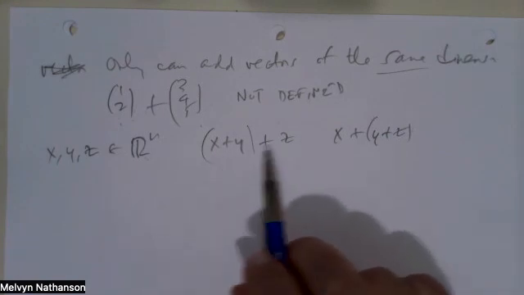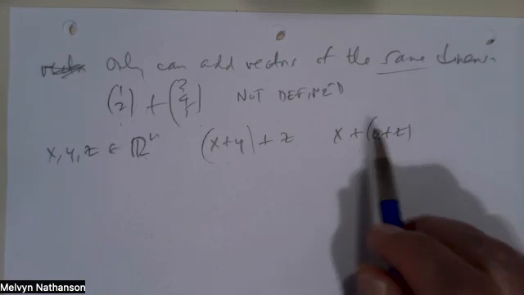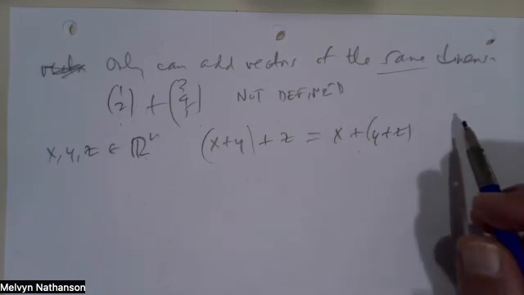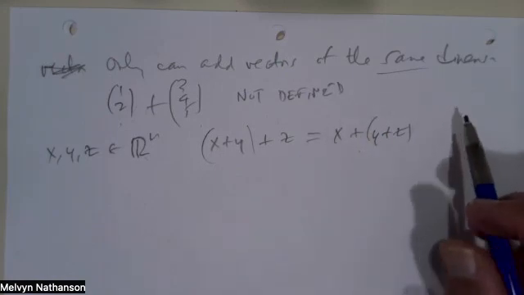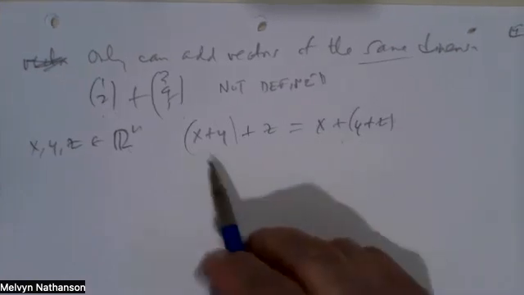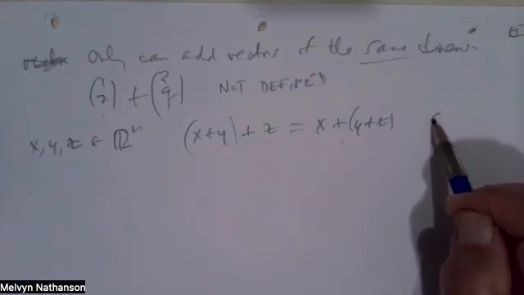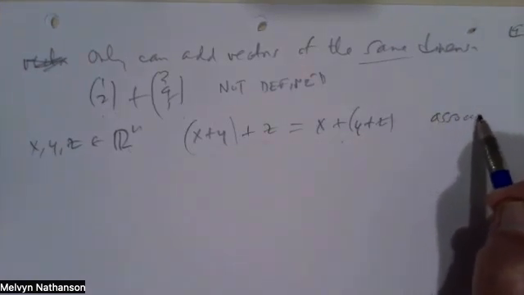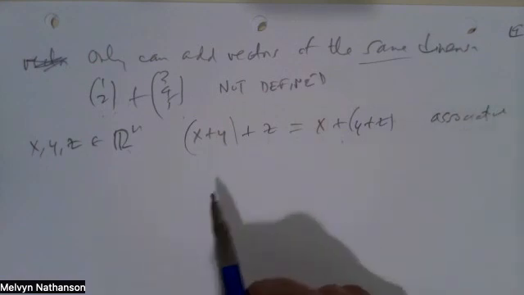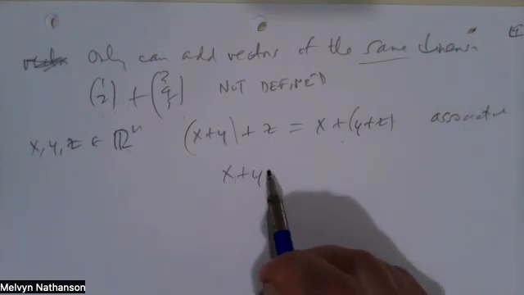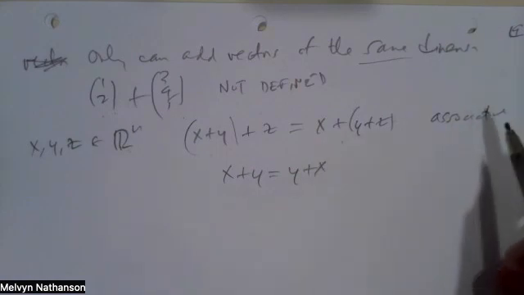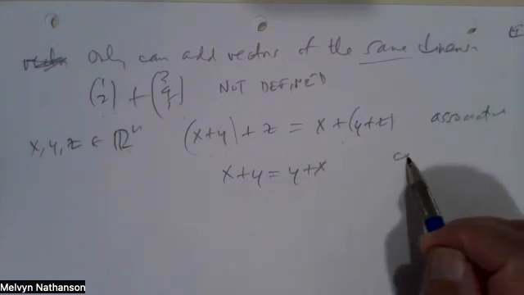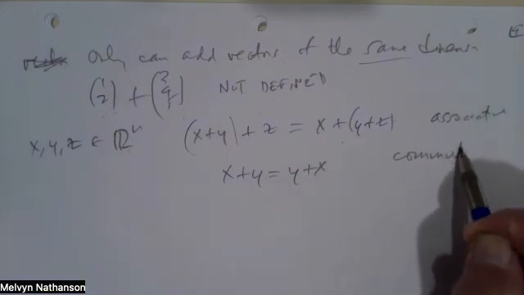And you always get the same vector. So the way you describe this property of vector addition is you say that it's associative. It's also the case that x plus y equals y plus x. That means vector addition is what we call commutative.